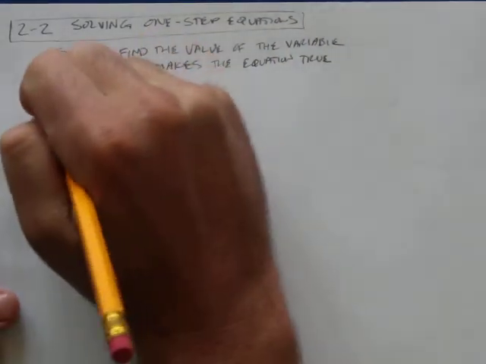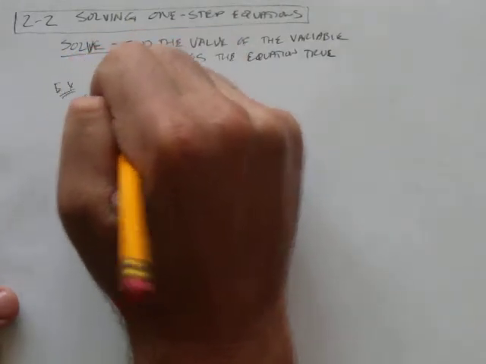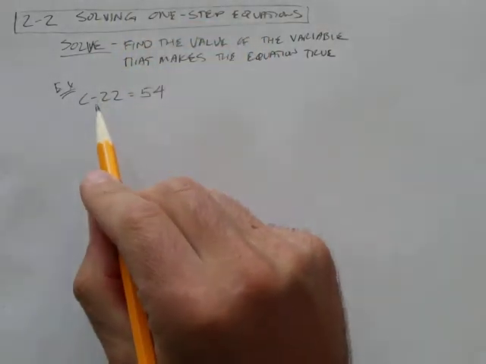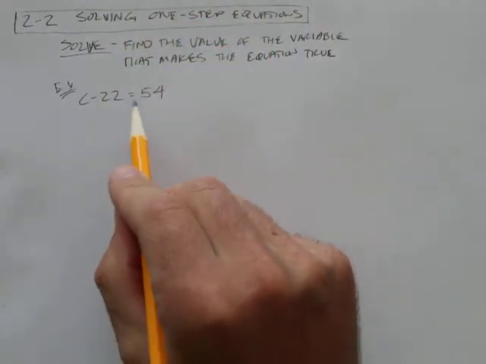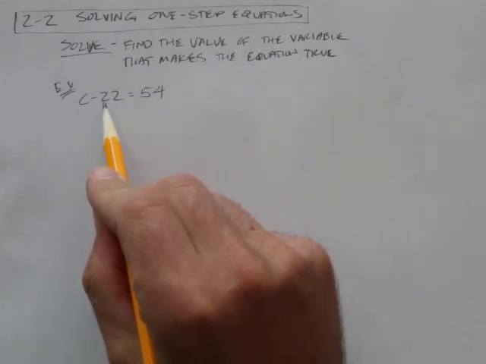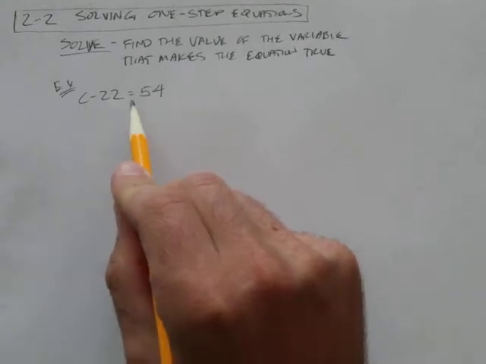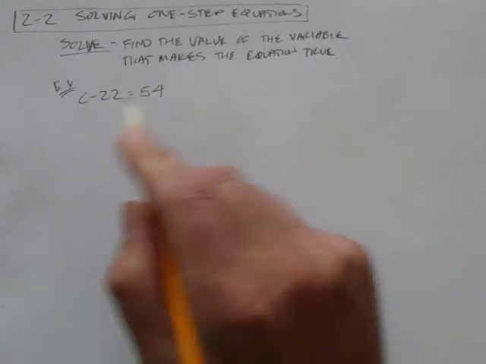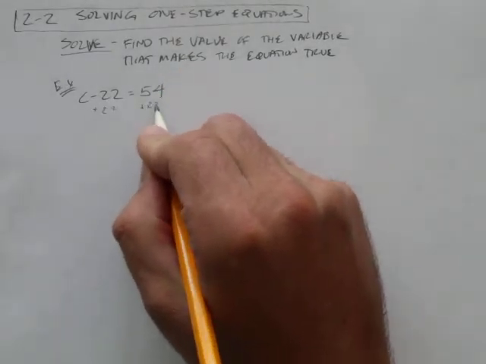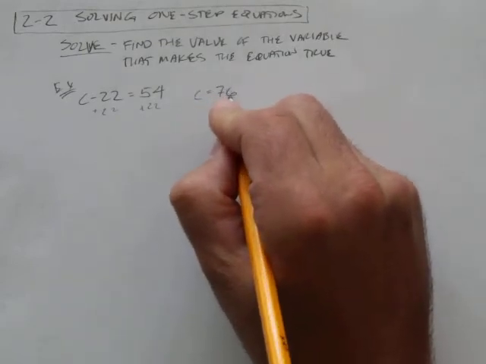So, for example, c minus 22 equals 54. I want to find out what c equals. I can plug in random numbers for c and try to figure this out, or I can add 22 to both sides, and I get c equals 76.